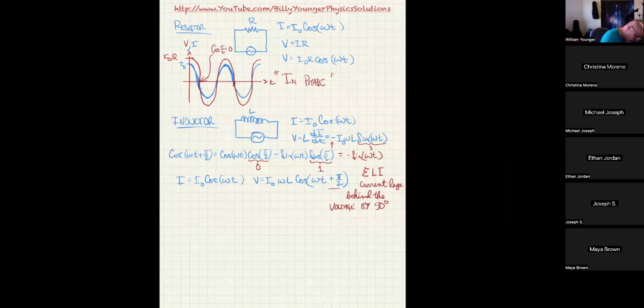In fact, if you wanted to graph that, we could do, let's say from here to here. So what I'm going to do now is make the current graph. I'll say current will be in blue, and then the voltage will be in V. For the current, I'm going to say the current is right about here.